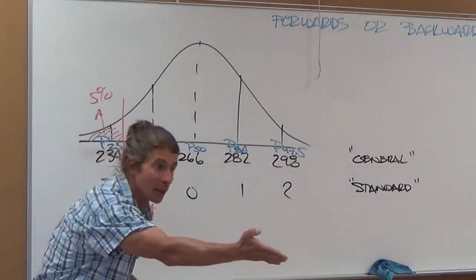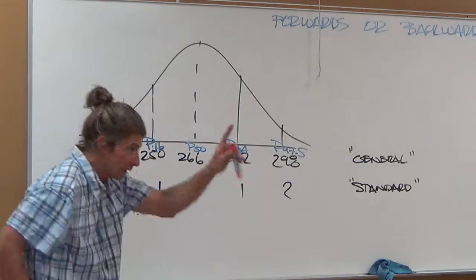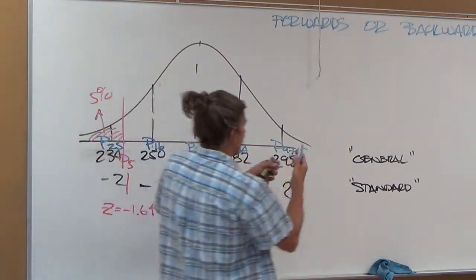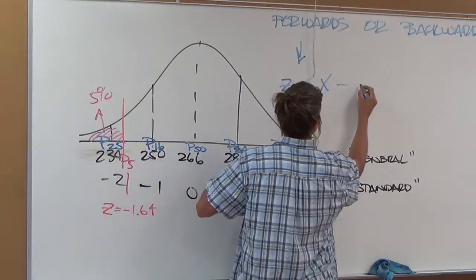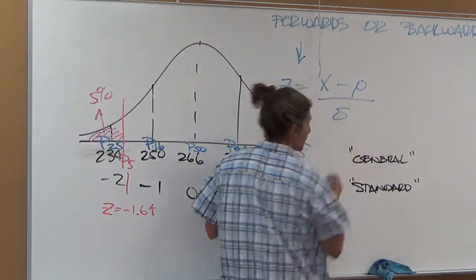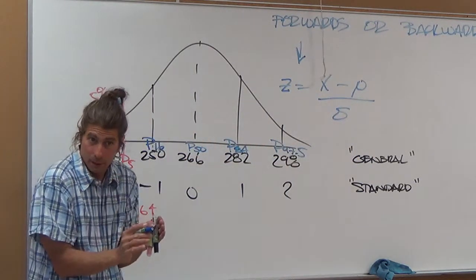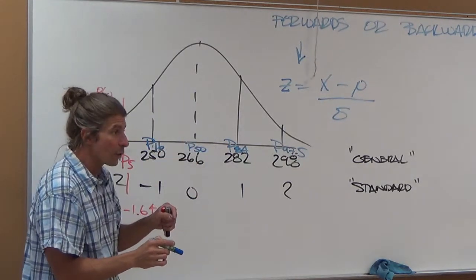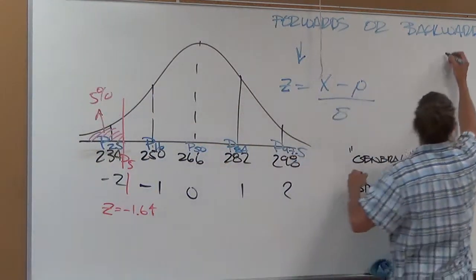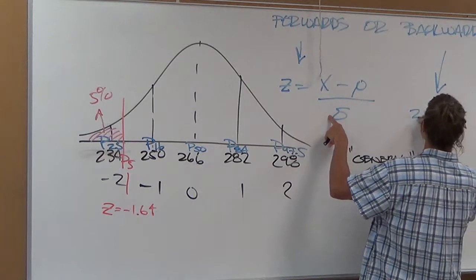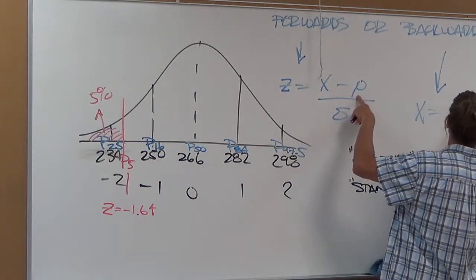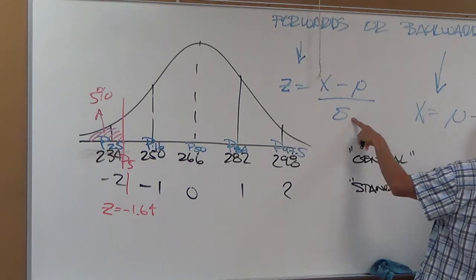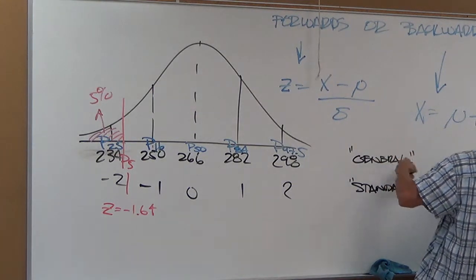Now that's what the formula does for you, right? If you look at the formula, the forwards formula looks like this. X minus mu over little sigma. That's the forwards formula. If you solve that for X, you get X equals mu plus Z times little sigma.